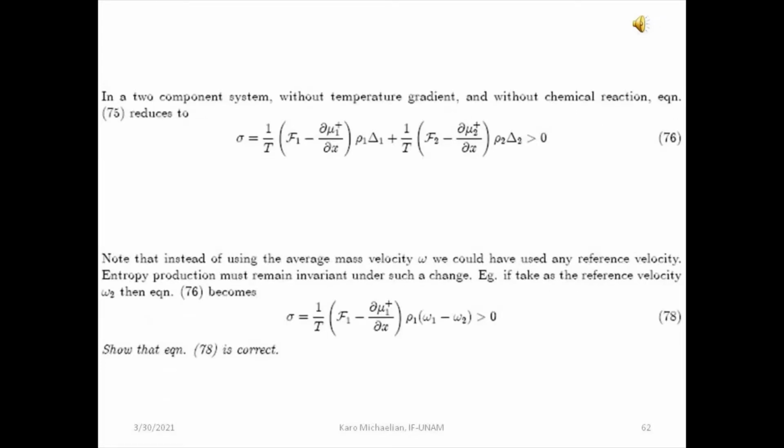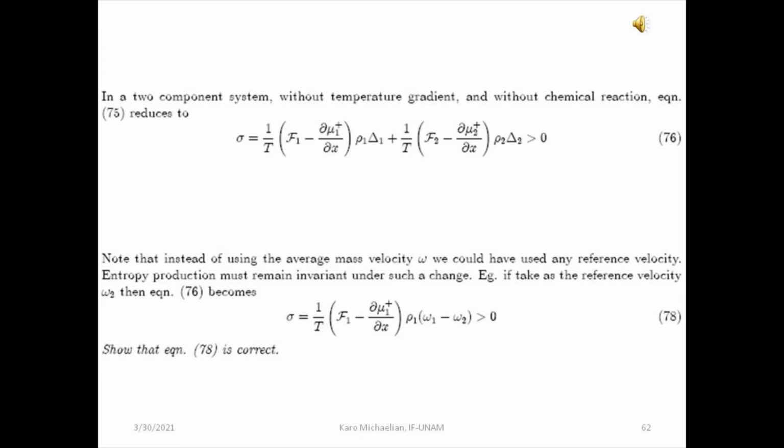So now let's consider a simple example of a continuous system. In this example, we only allow two components, component 1, gamma equal to 1, and gamma equal to 2. So we have only the diffusion of matter. But we allow forces over the system, so we can have an electrical potential over this system, for example.